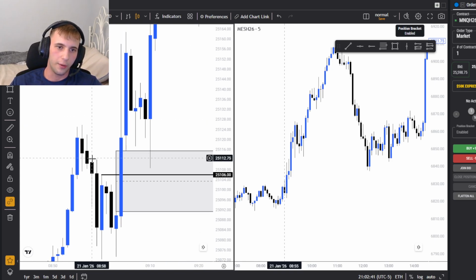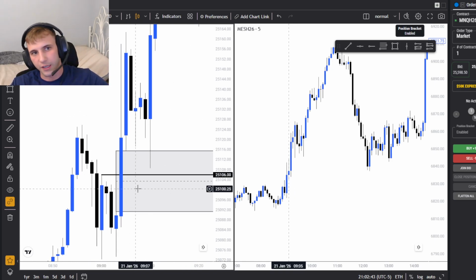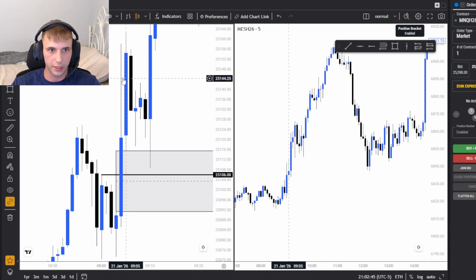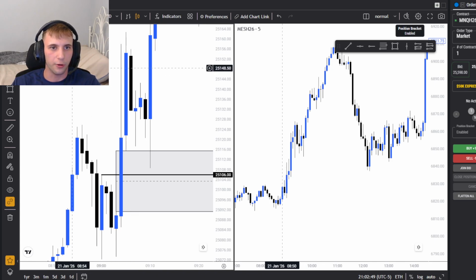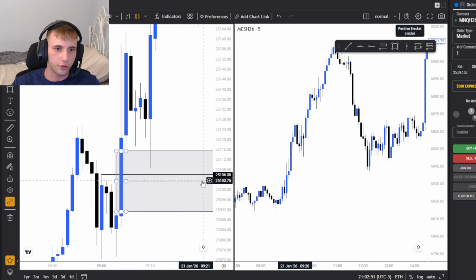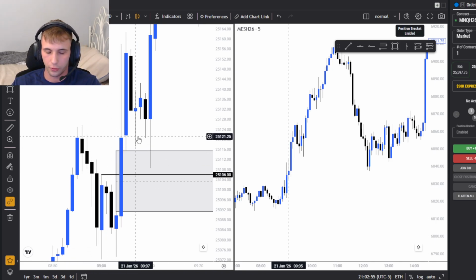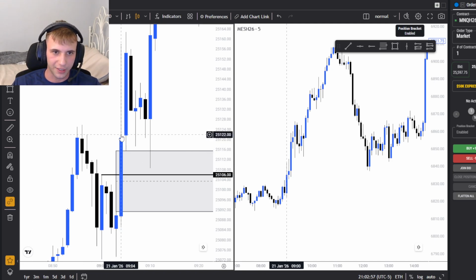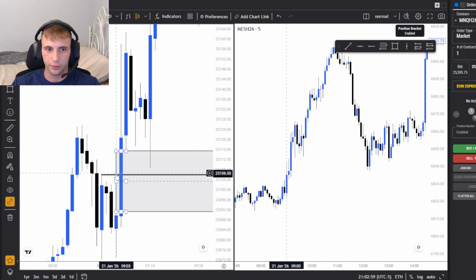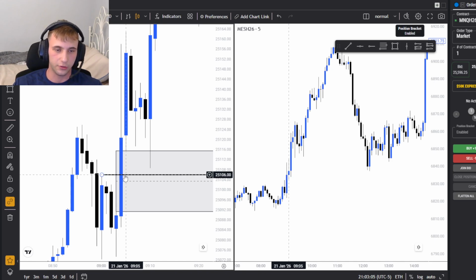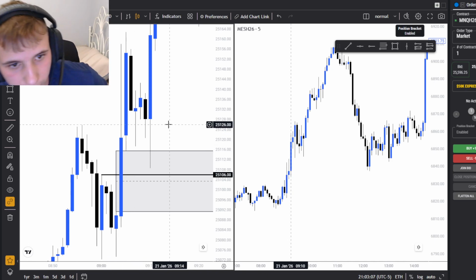So let's say price shoots up like it did here. You're not okay with being filled all the way over here. So once you see a close or a hold above this level, you put in a limit order. I'm assuming it would be at this level. This is your optimal point of entry.